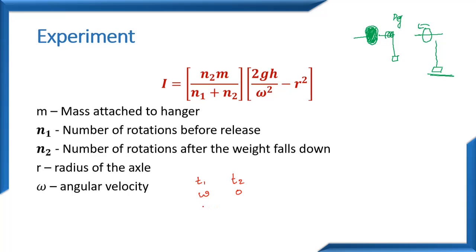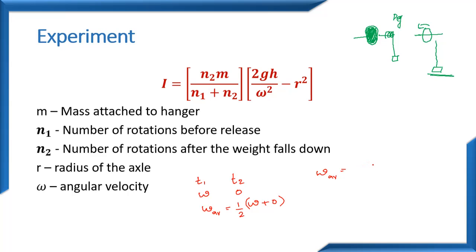Therefore, how can we find the average angular velocity? The average angular velocity will be equal to half of omega plus 0, right? It will be the average of these two values. So it will be half of omega plus 0. Now what we know is that the average angular velocity is the angle rotated divided by the time taken for the rotation.